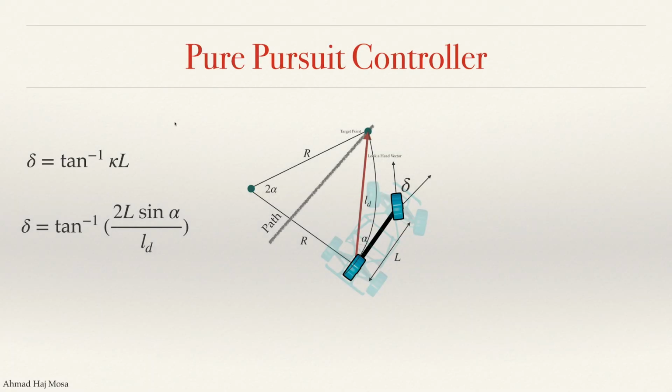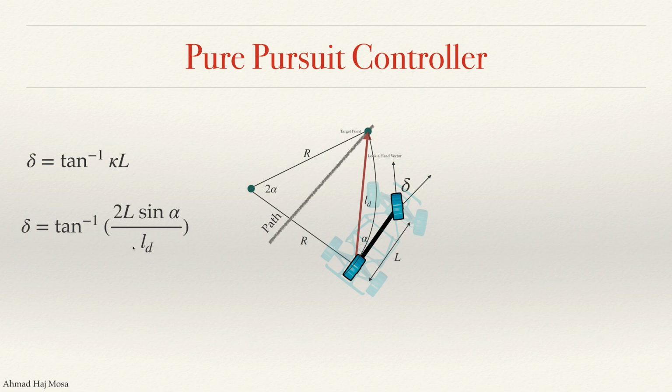We will see later in the modeling in Unreal that if we make the distance LD a function of the speed, then it will be more accurate. In this way, we control the steering and also the speed, or the longitudinal control, using the pure pursuit controller.